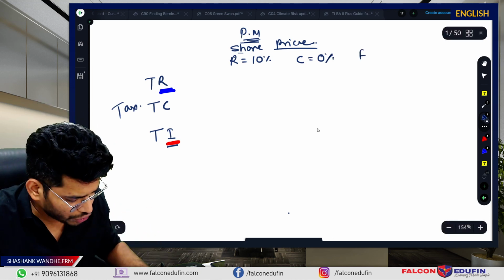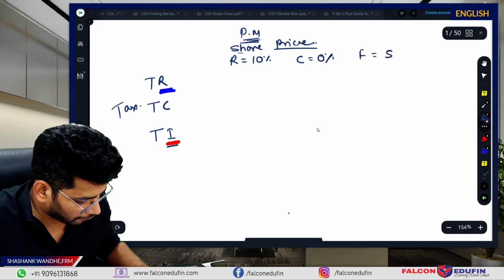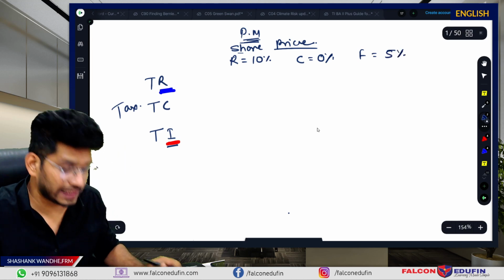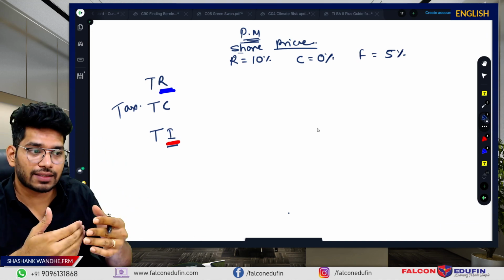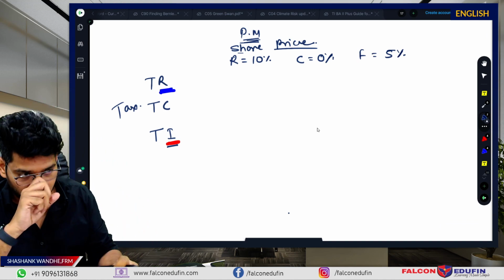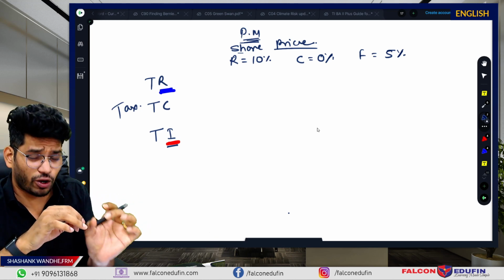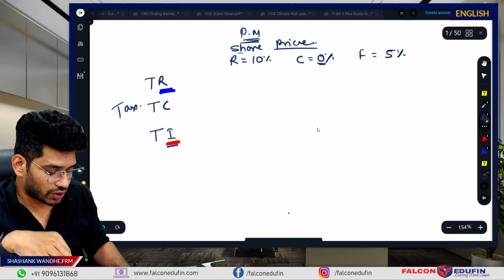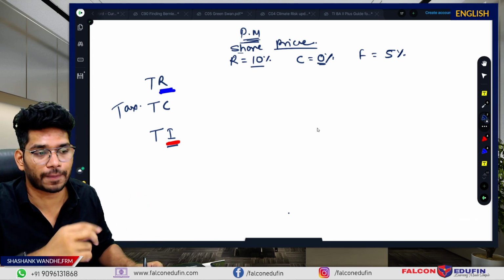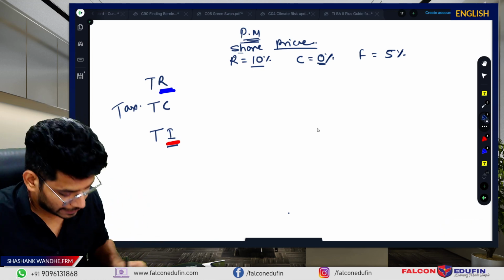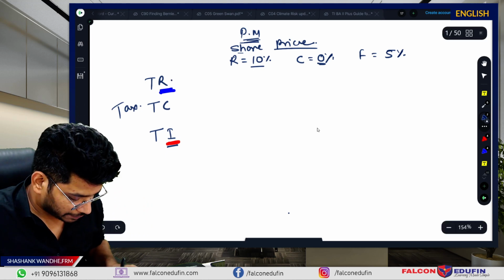And share price might fall, and fall is by 5%. Remember this. Share price will rise, fall, or will stay constant. Stay constant meaning no change. So 10% rise in the share price, 5% fall in the share price, 0% is constant.